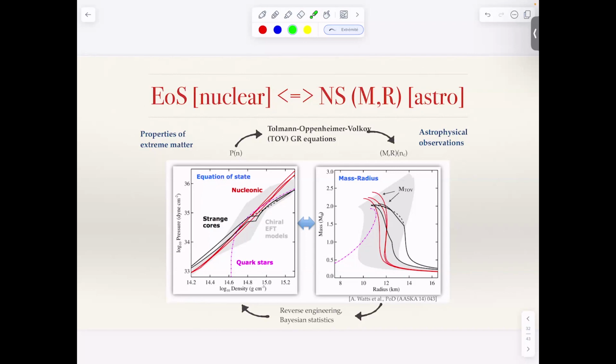As a consequence, mass density. This is not true for normal stars.